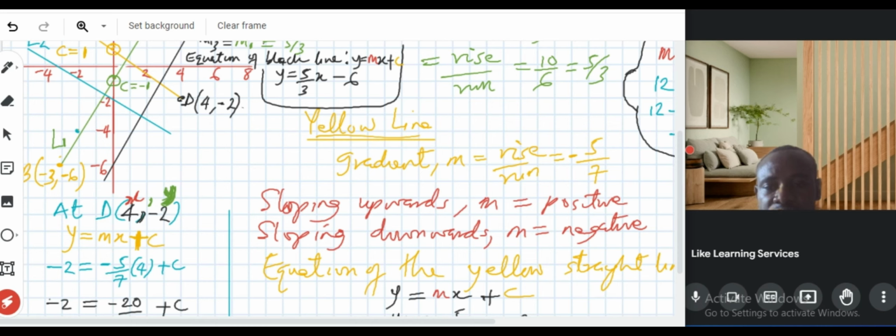We just substitute these values: y for -2, x for 4, then m for the gradient we found earlier, -5/7.